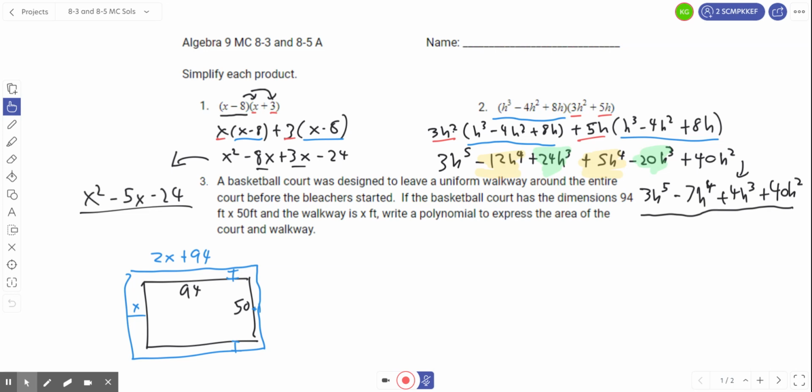So we're adding 2x, so the length of this court is going to be 2x plus 94, the width is going to be 2x plus 50. So the area is going to be those two things multiplied, 2x plus 94 times 2x plus 50.